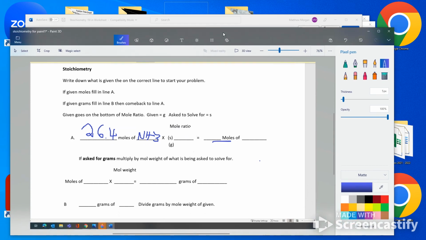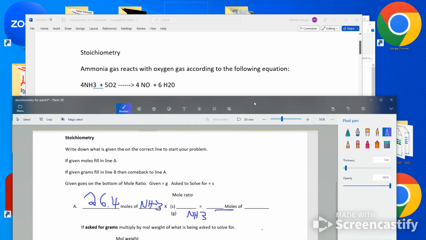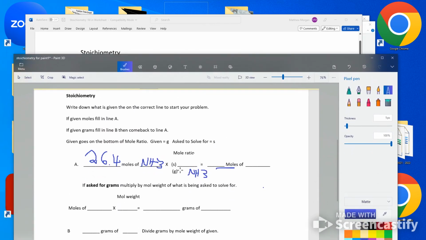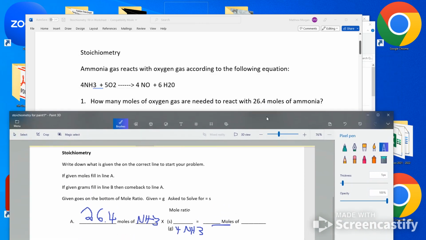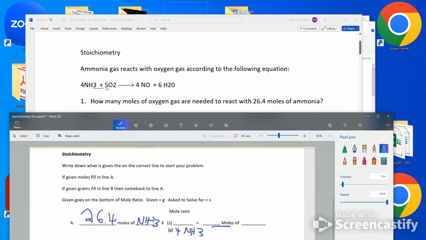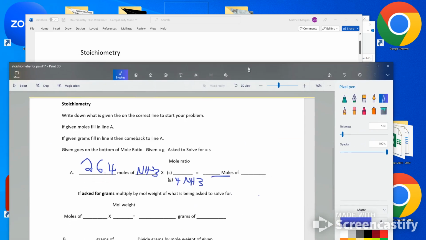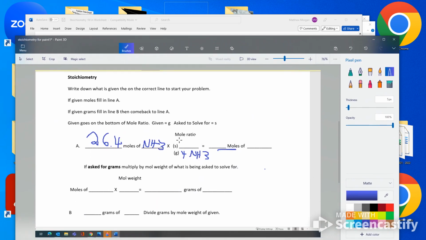So on here, you're given NH3. In accordance with the mole ratio, you have 4 based on the coefficient, and you have 5 right here, moles of oxygen in your balanced formula.